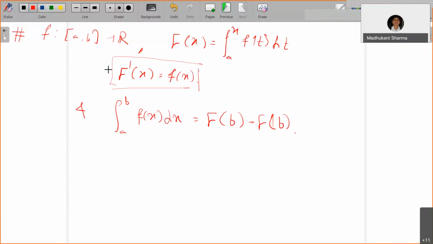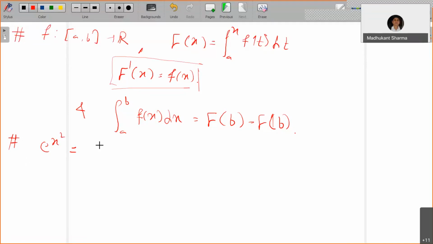But what I should mention here is that not every elementary function has a simple antiderivative. So for example, let's have e to the power x square. It's an exponential function, and it does not have a simple antiderivative.